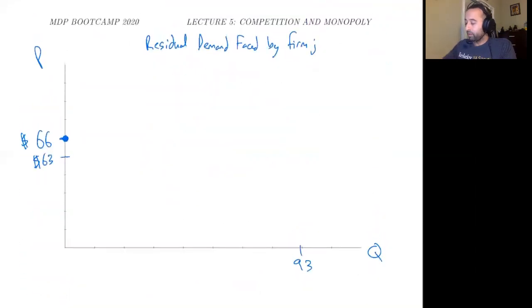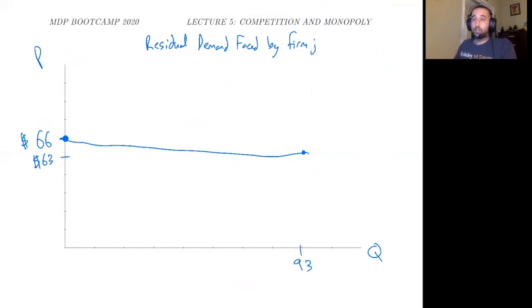So now for this specific firm, firm J, at a price of 63, the demand they face for shares is 93 shares. And you can see here that while this demand curve doesn't look completely flat, it looks really flat compared to the market demand curve that we saw in the previous graph.